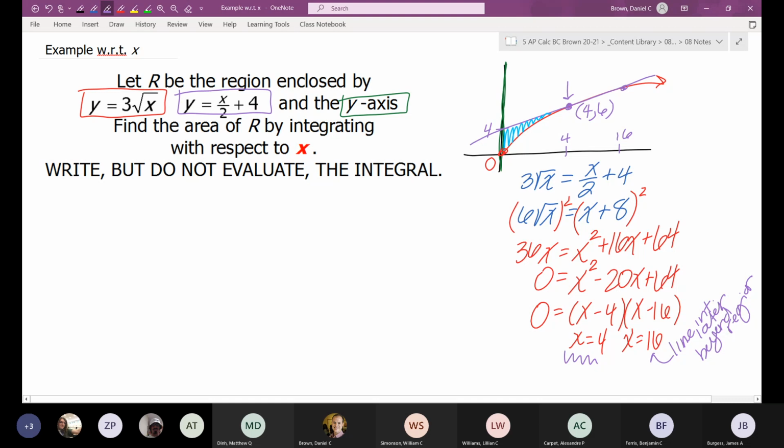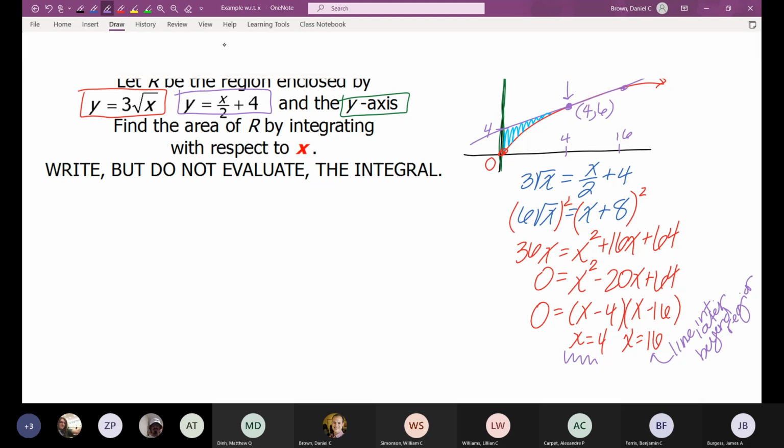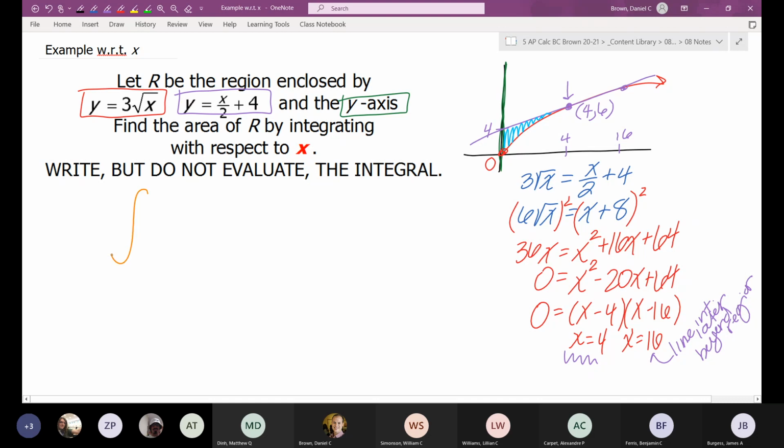Then it told me just to write, but not to evaluate the integral. We're doing it in terms of dx. So I first want to figure out how many integrals I'll need to use if I'm doing it in terms of dx. Well, looking at this region, the top function stays the top function, and the bottom function is always the bottom function. This region is starting at the x value of 0.